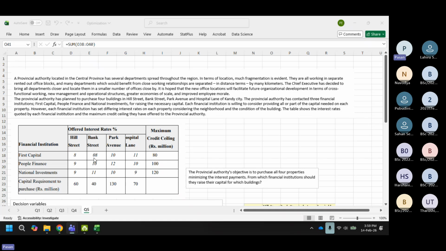Under the 8% rate, you can get the 60 million that you need from First Capital. So that's one option we have.